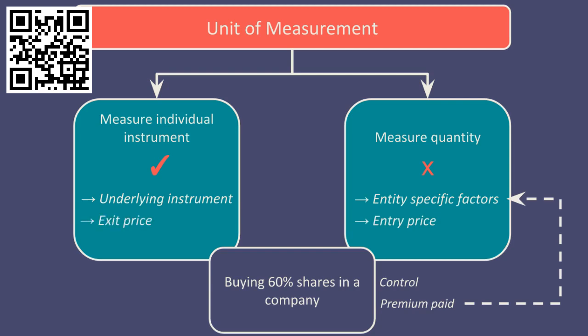For example, if you are purchasing a 60% holding, you are likely to be paying a premium to obtain control. Now that's to do with the specific factors of the entity rather than valuing the individual instrument. So rather than value on that entry price, we would value according to an exit price, which is deemed to be a more reliable measurement of the single underlying instrument being valued.